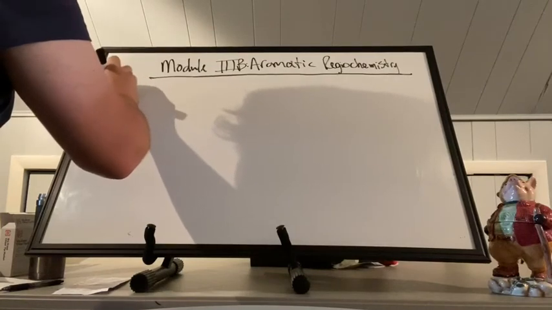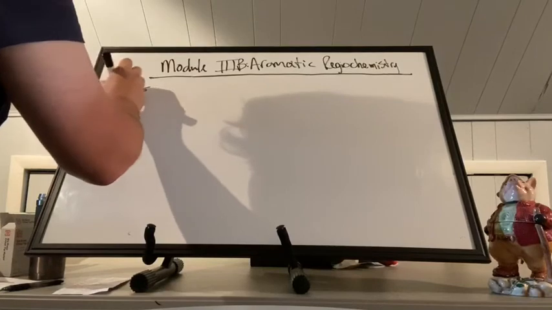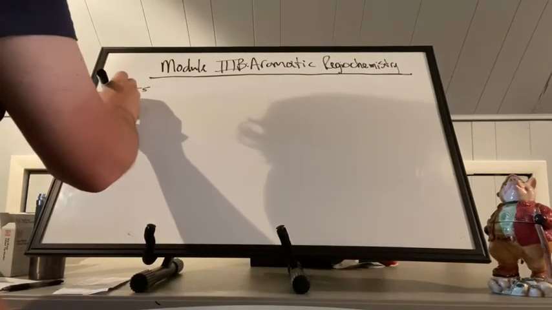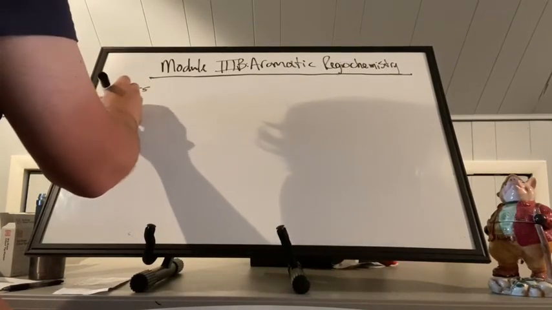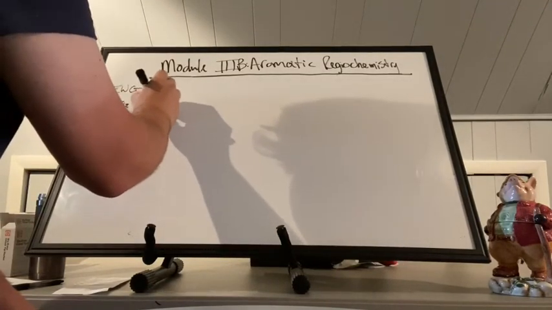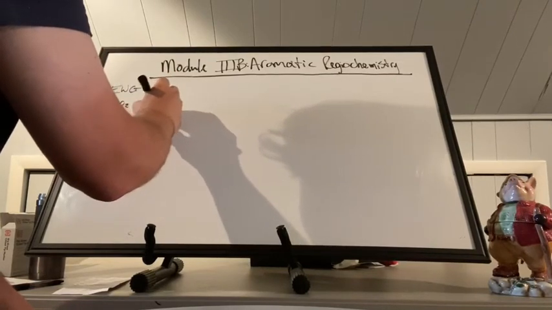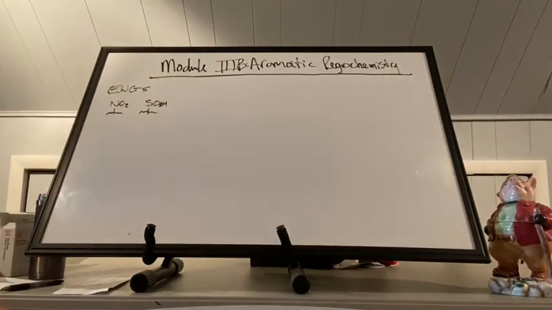So electron withdrawing. You have your nitro group, which is pretty powerful. You have your sulfonyl groups, which are pretty powerful.